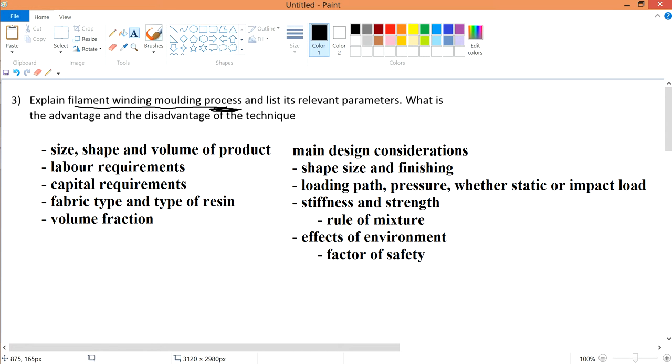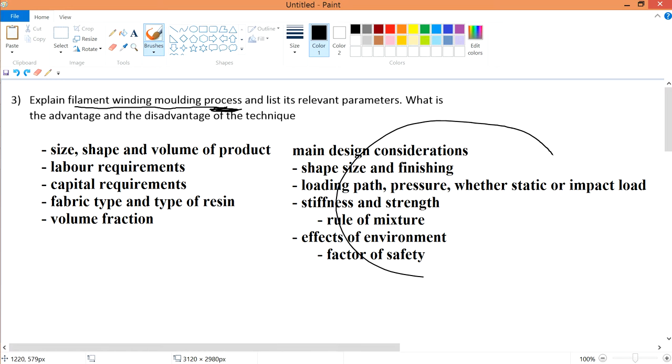There are also other design criteria or design considerations or relevant parameters. Your shape, size, your surface finishing, loading path, where you want to load the material, which direction, which angle, your pressure at which you cure it, and things like that. I think also whether it is a static or impact load. So these are all words coming from the lecturers.